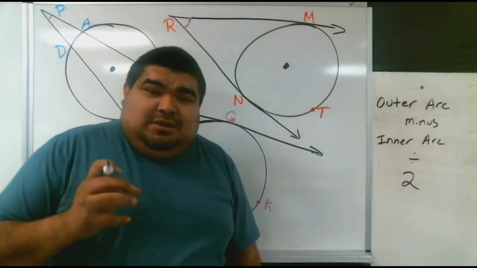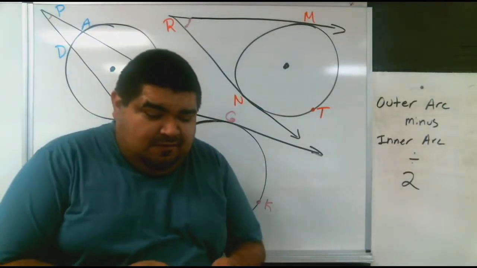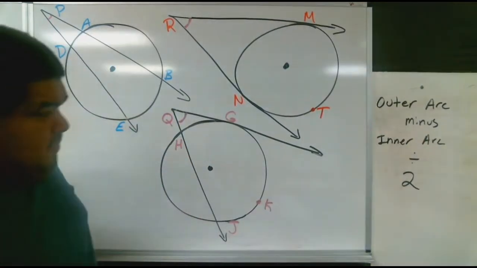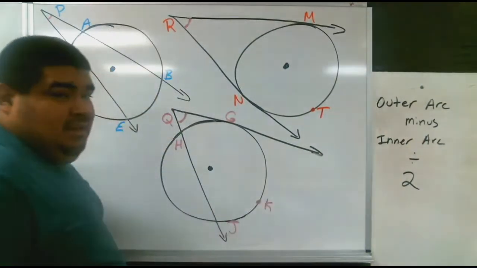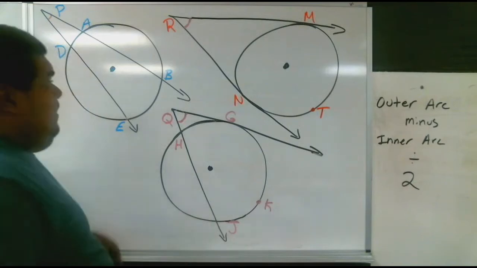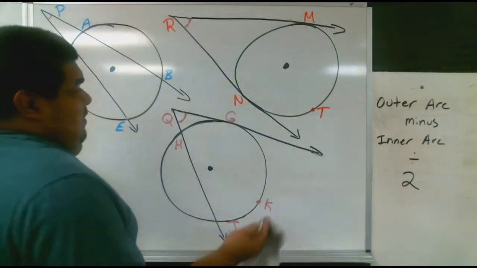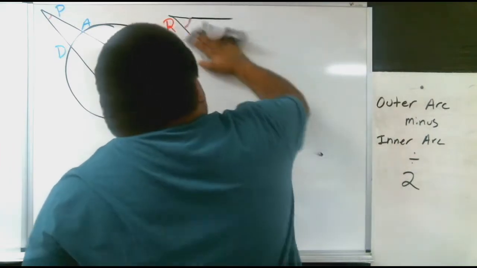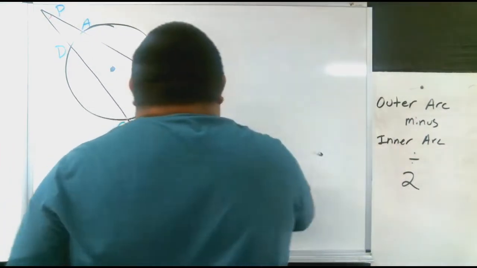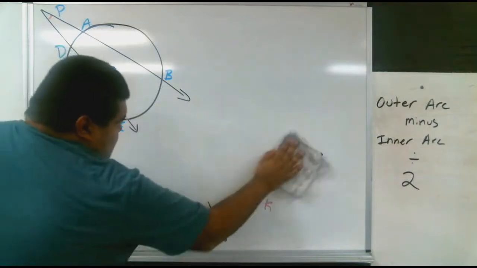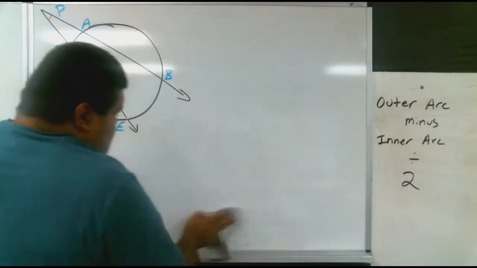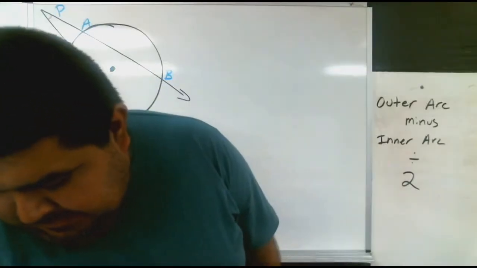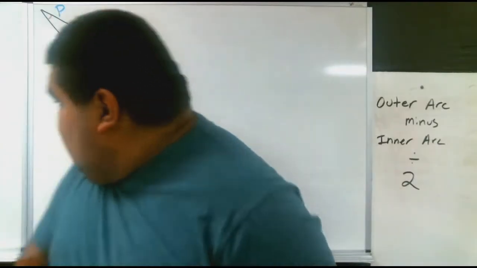The way we do it is, now that you have all three circles, I'm going to use one of them. It really doesn't matter which one you use. I'm going to use the first one. It's all the same rule for all three. Let's use red.